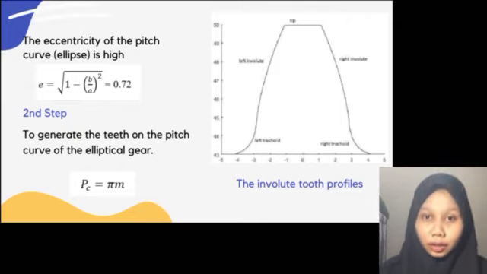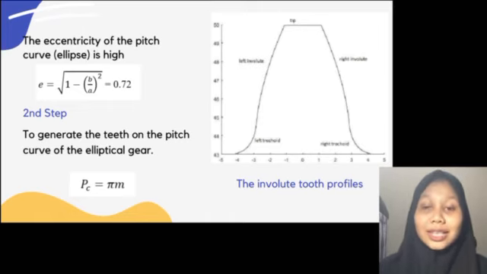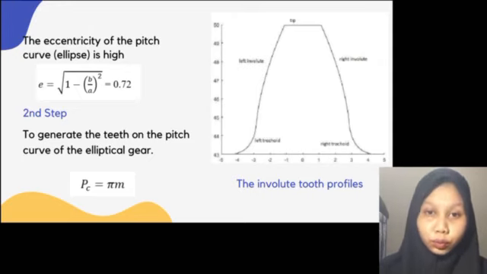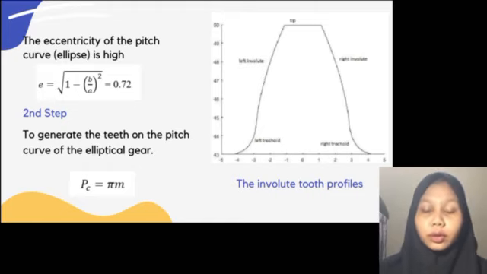We can calculate the eccentricity, which equals 0.72, and the eccentricity is low enough. There will be no intersecting between the base and the root curve, knowing that this intersecting has no effect on the teeth profile generating.